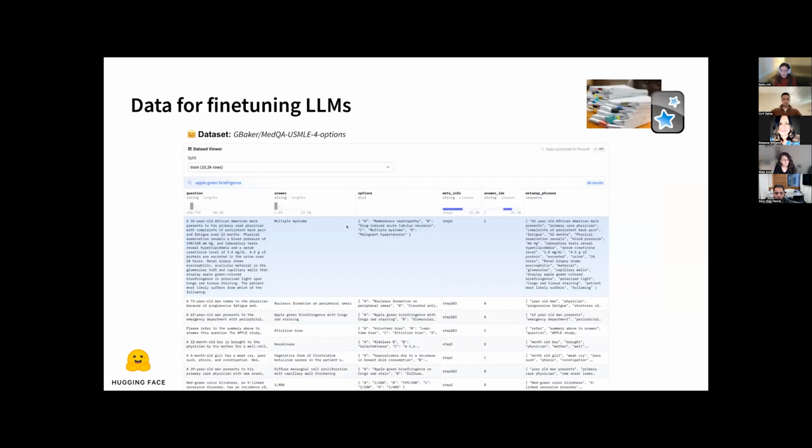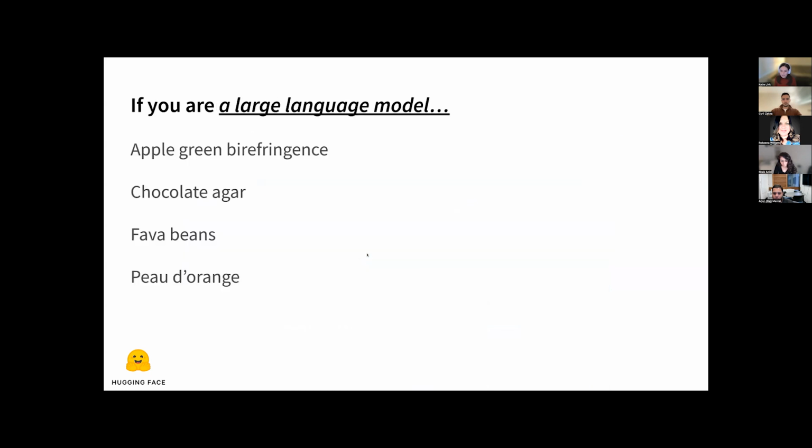We also can take a look at the data for fine-tuning LLMs. So this is MedQA, one of the most popular data sets for fine-tuning and also evaluating models. This is using the Hugging Face platform. You can search for different terms like apple green birefringence and take a look at what's really inside of these data sets. So this is like a classic Step 1 question.